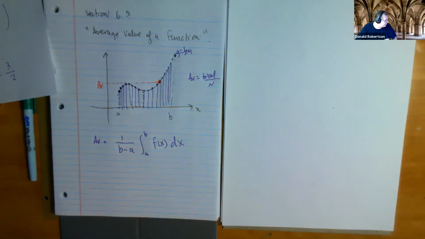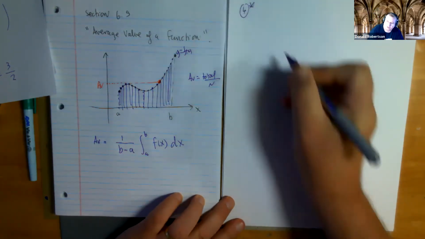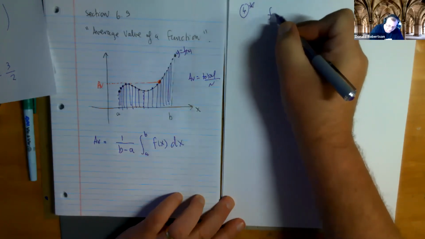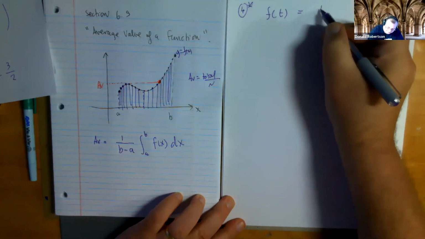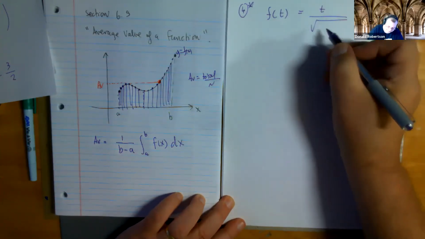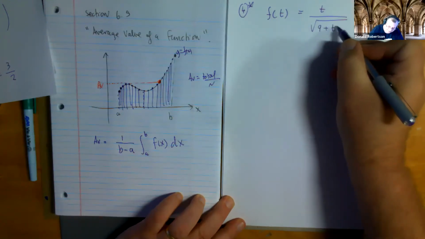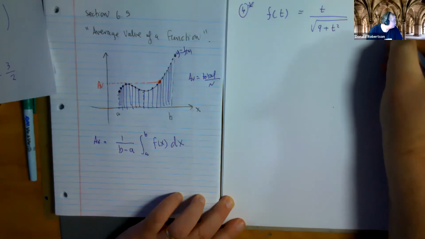The ones I'm doing are very similar to homework questions. I'm just not writing down what the numbers are. So this one that I'm doing right now is similar to 4. The function that we're going to do it to is t over the square root of 9 plus t squared, and t is going to go from 4 to 9.